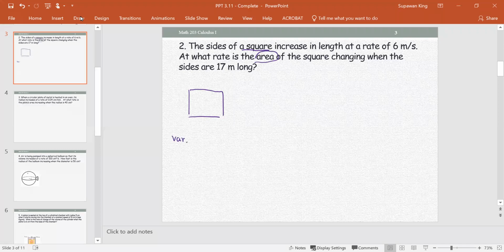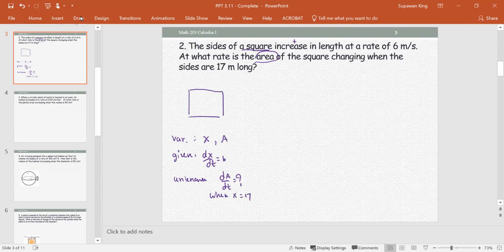The variables involved are the side, which is x, and the area A. For the given information, we have the rate of change of the length, dx by dt equals 6 meters per second. Since this is increasing, the sign is positive. The question asks for the rate of the area, dA by dt, when the side x equals 17.